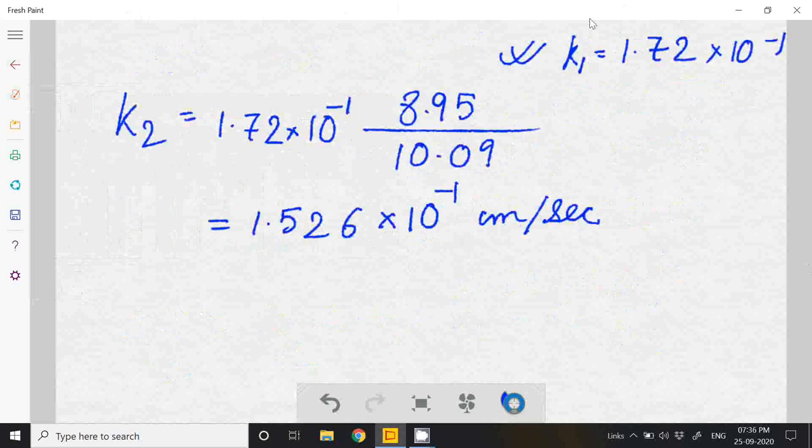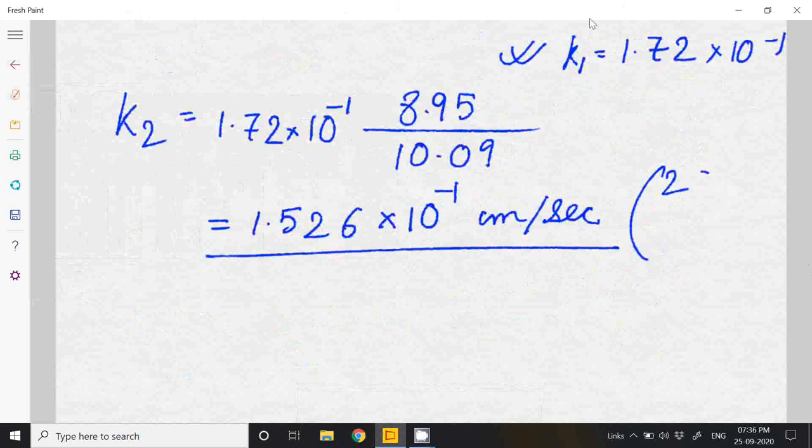Now this K2 is the final value, isn't it? At this final condition, the temperature was 20 degrees, and the porosity given was 39 percent, that means n is 0.39.